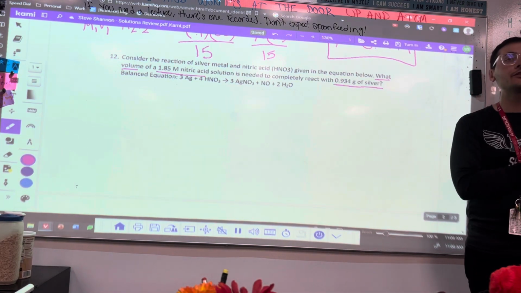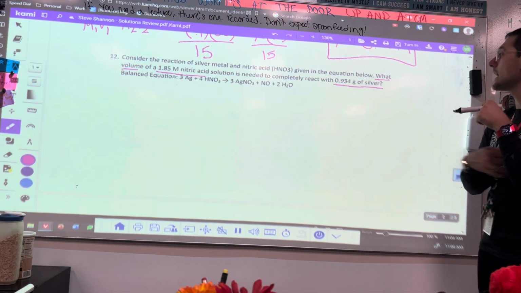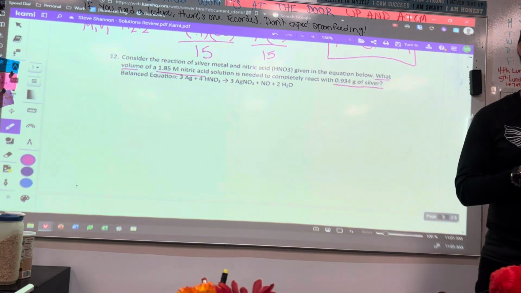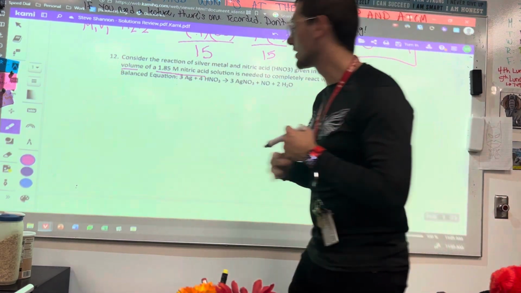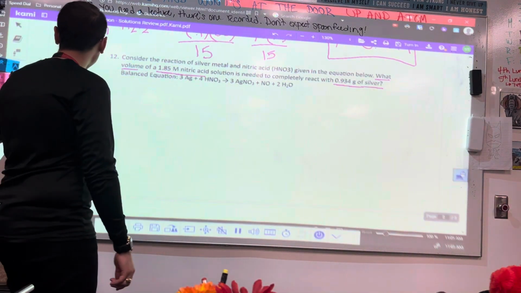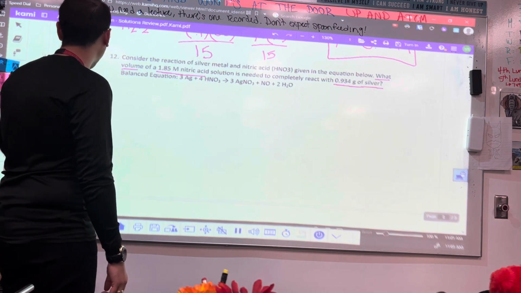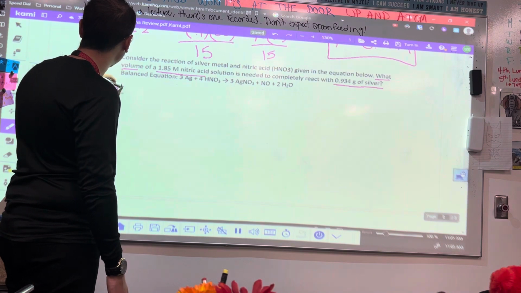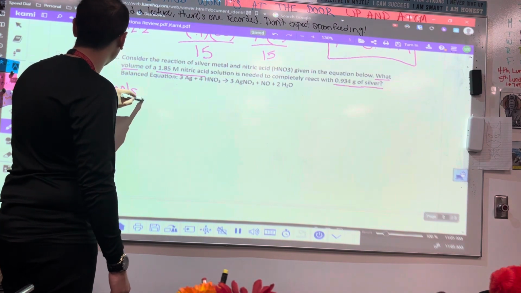When you have a balanced equation and you have a mass, it has to be a molarity problem, because that mass has to be converted to moles. So we know we have a molarity problem, which is molarity equals moles over liters.